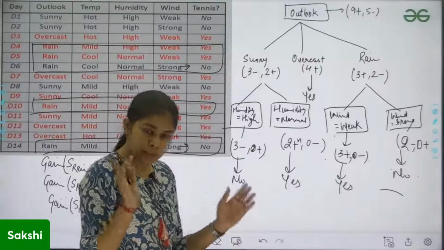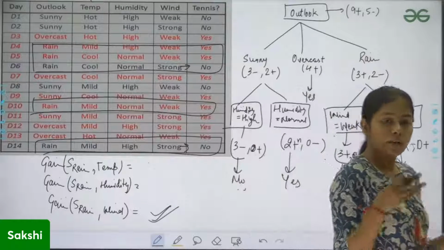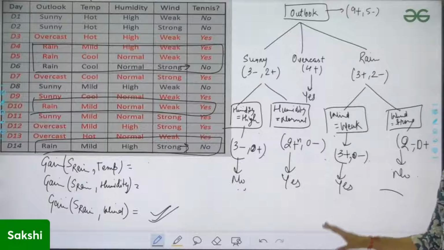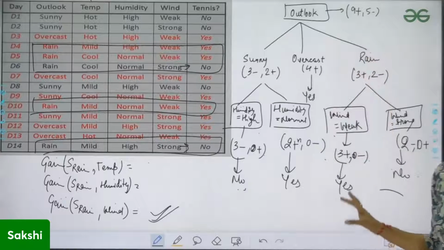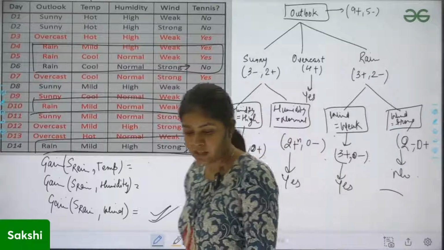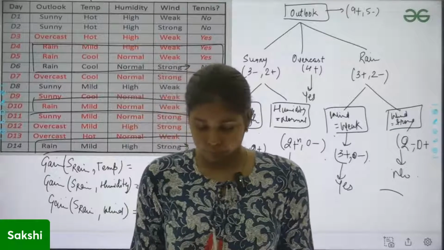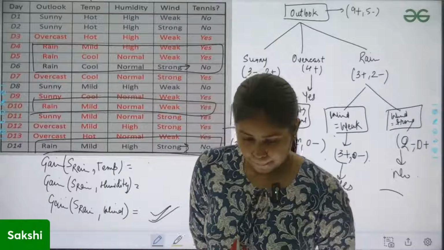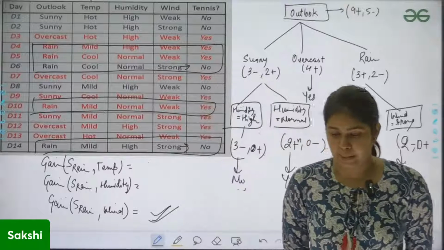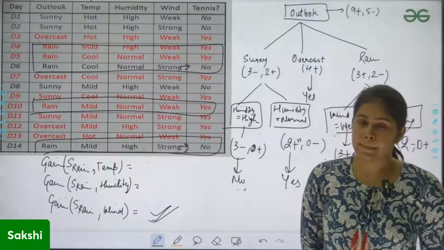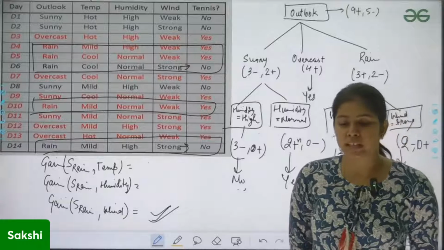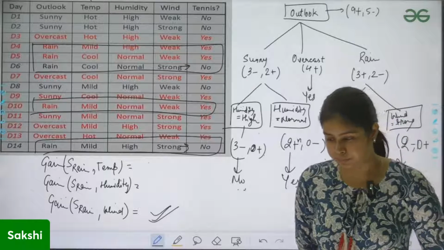So take one table and try to find the whole decision tree by yourself. So this is the table. Just write it down and let me know guys in the chat section if there is any question.